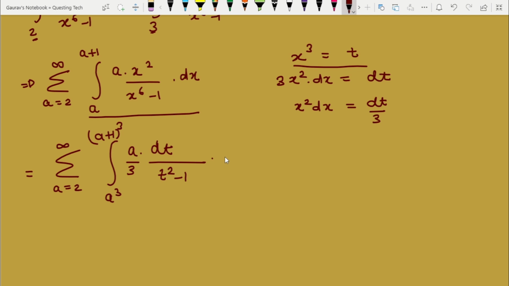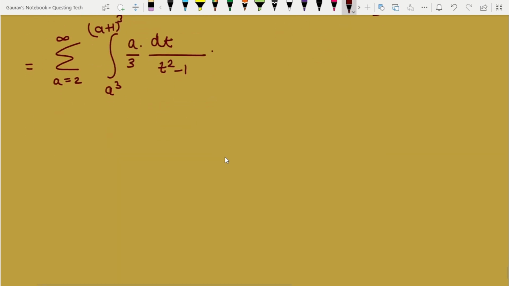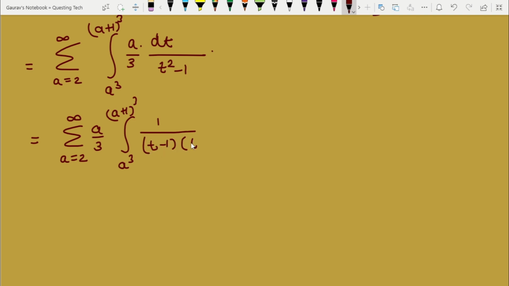You can calculate this one. Let us see. We have summation a equals 2 to infinity, and a by 3 is outside the integration, from a cube to a plus 1 cube, and we can write this as 1 over t minus 1 multiplied by t plus 1.